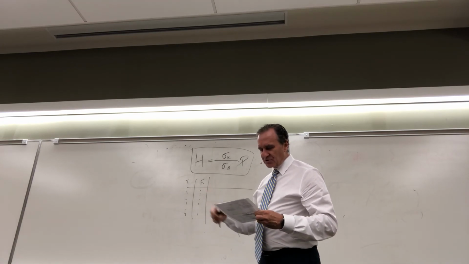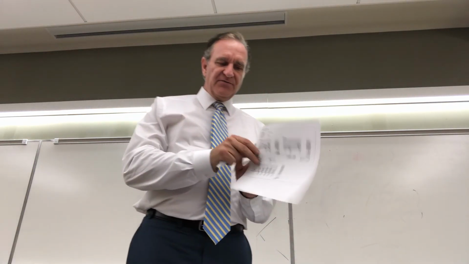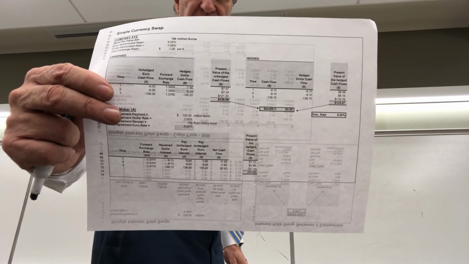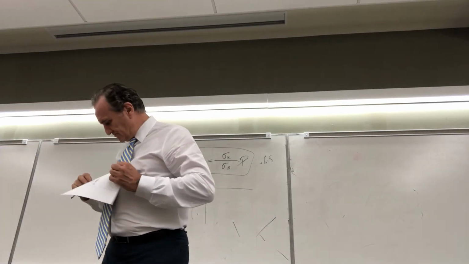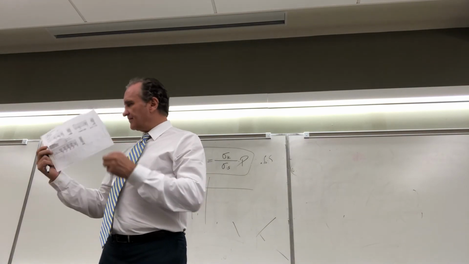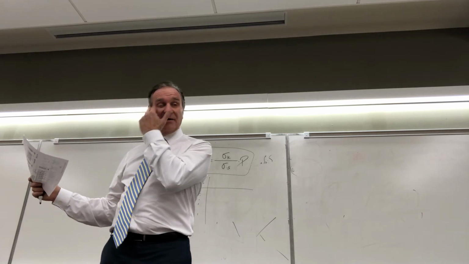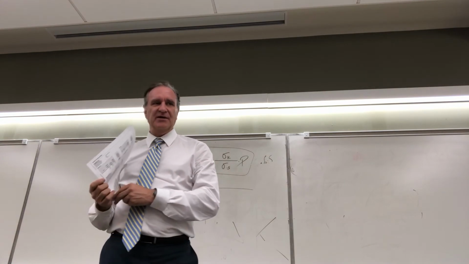So simple currency swap, it's a bunch of them. So simple currency swaps, different ideas. It could be something like that that shows the simple currency swap with the two things. So interest rate swap or currency swap. Currency swap when you have a euro versus dollar or some other country.